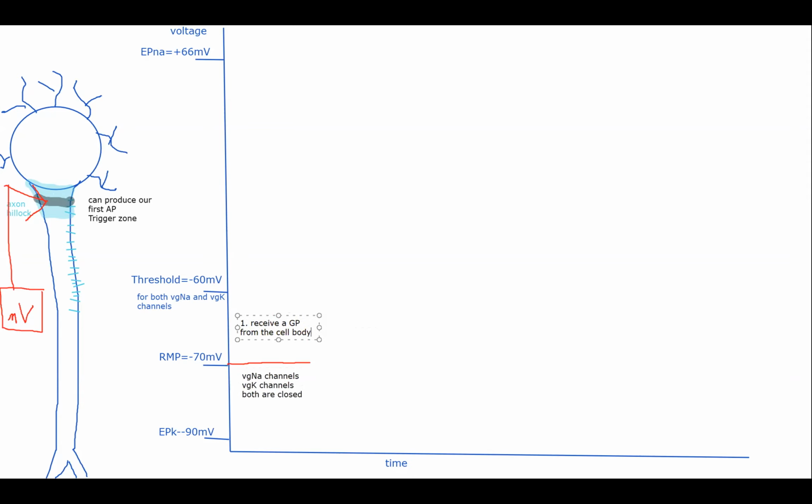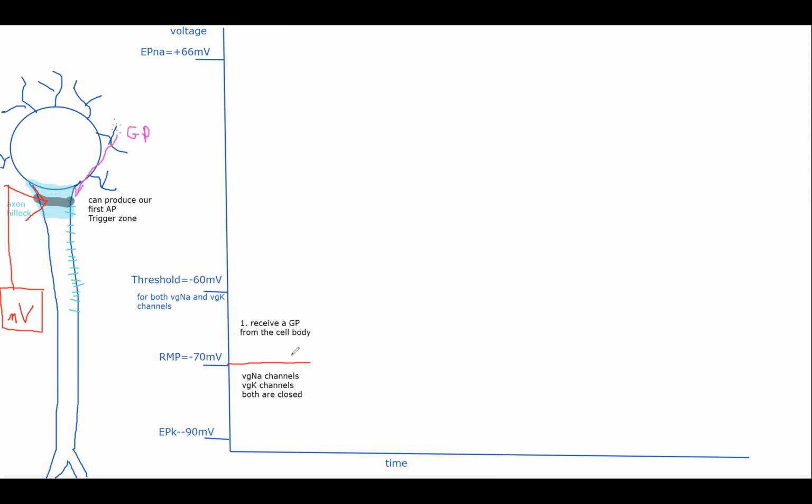So what happens first, and again, let's use our pen, and we'll use pink to represent this, right? Somehow we released, for instance, acetylcholine in this area. We produced that graded potential. And that graded potential, as we talked about, spreads down the cell body, spreads down the dendrite, and reaches the axon hillock.